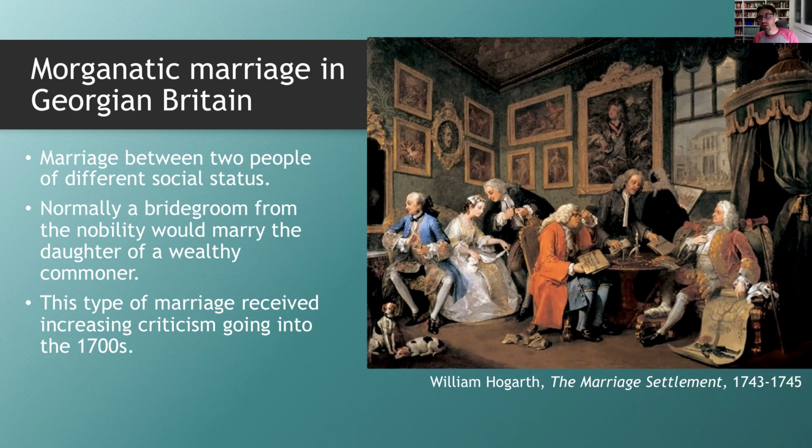But in the 1700s, as more and more merchants are becoming wealthier than the aristocracy, the aristocracy becomes increasingly in need of establishing these marriages, and thus we have them criticized by society at large and by intelligent artists such as William Hogarth.